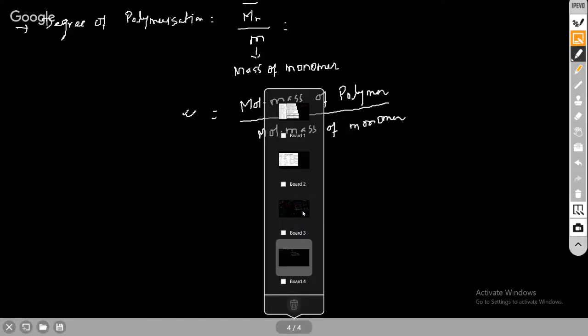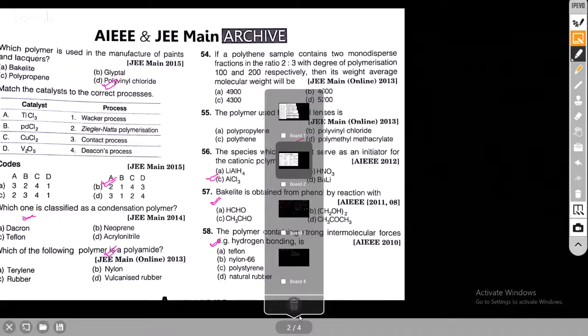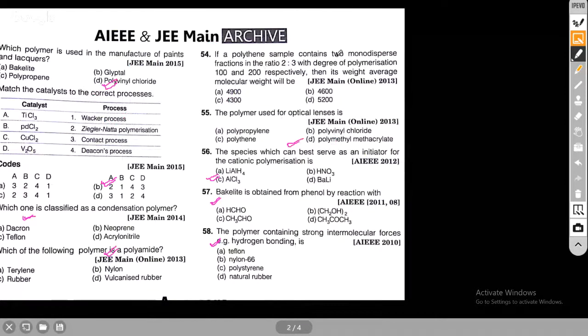What question do we have? This one. If a polythene sample contains 2 monodisperse fractions, means we have 2 monomers actually, in the ratio of 2:3. Degree of polymerization, DOP, is given, which is 100. According to the formula, molecular mass of the polymer divided by the mass of the monomer.